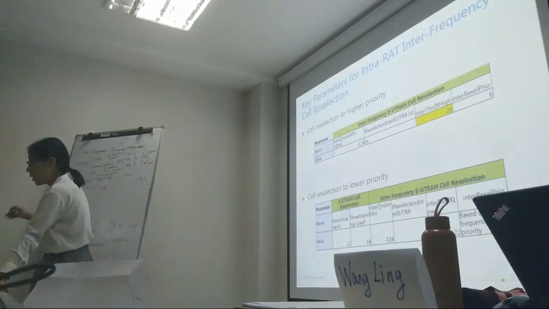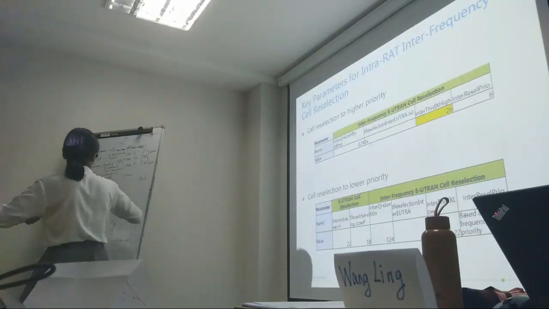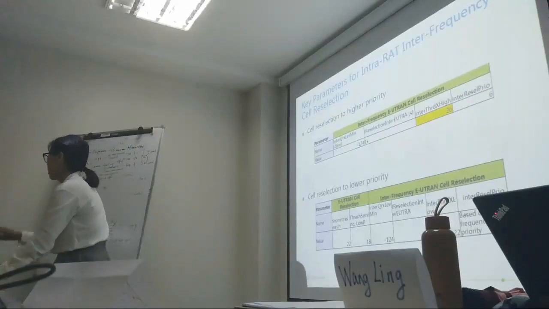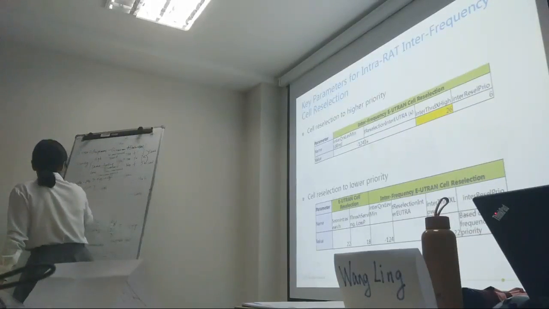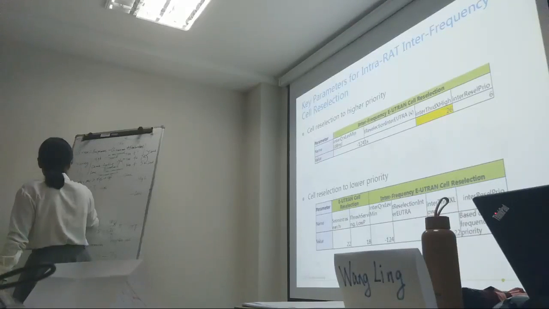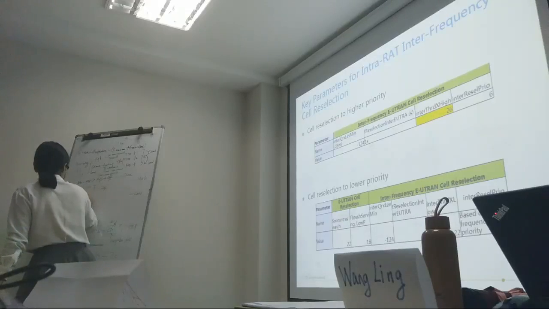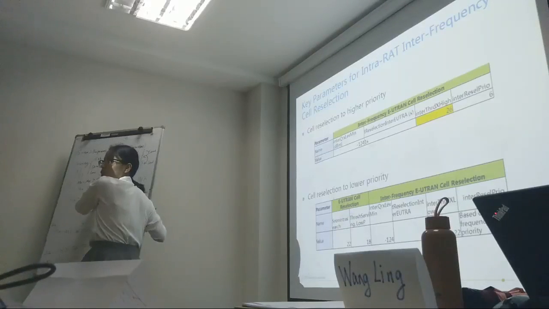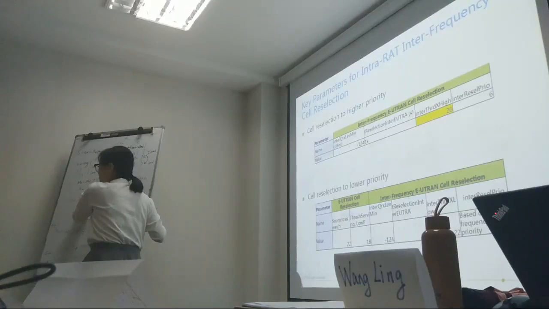So for the reselection itself, it's also the neighbor cell. It should be greater than one threshold. We use ThreshX low, the low priority threshold of the neighboring cell.